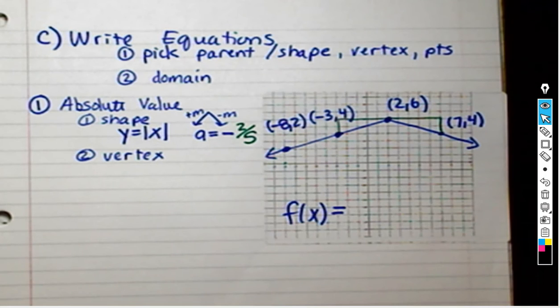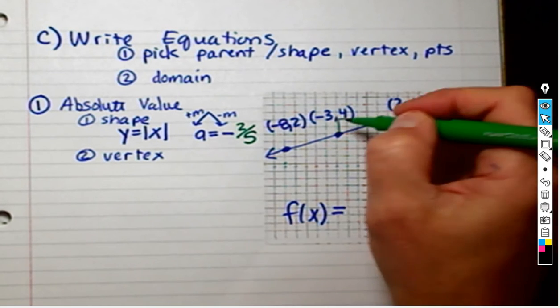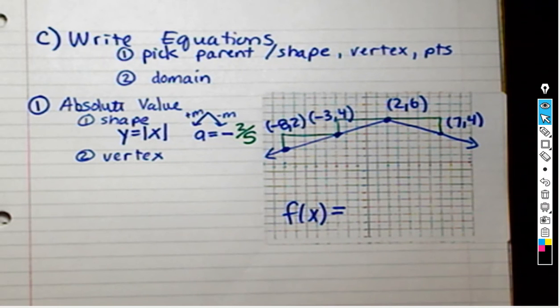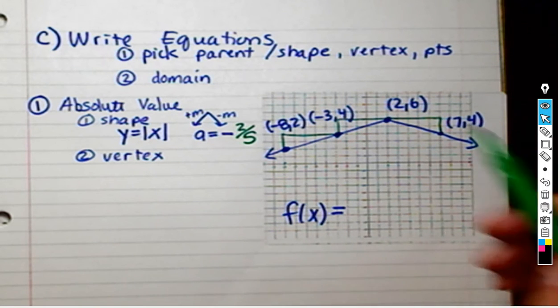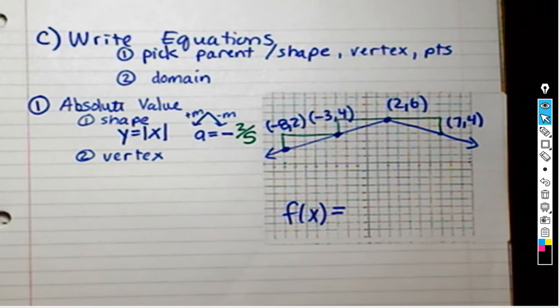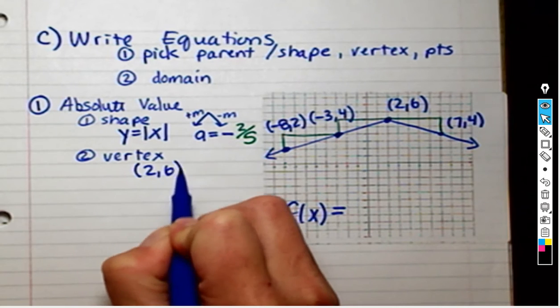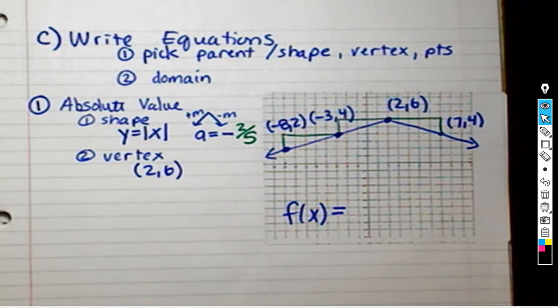Negative because it's opening down. 2/5 because that's how I counted between the points on the graph. I know that one side is negative and the other is positive. Olivia, what's the vertex? 2, 6. Yeah, 2, 6. Okay. Put it together.